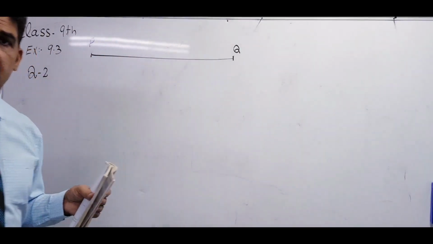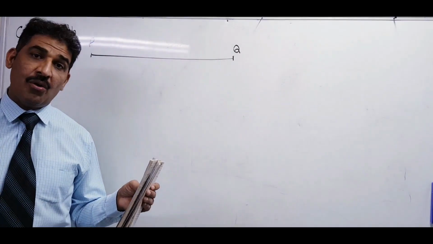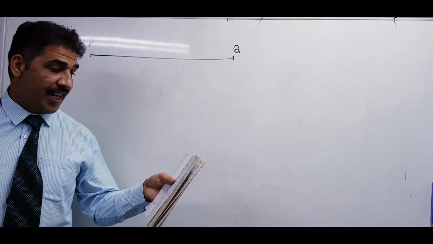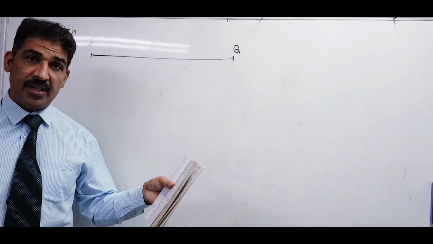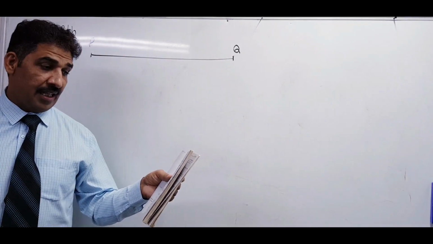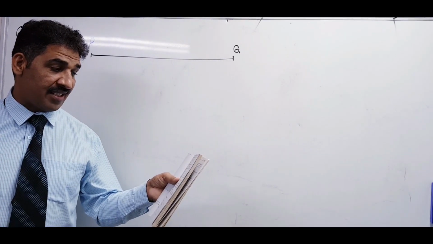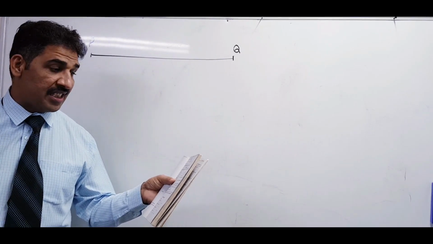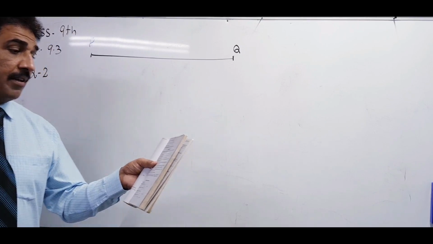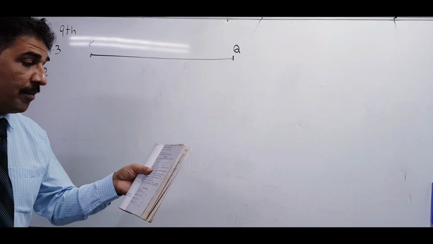Q. How to read the statement, how to understand the statement? The end point P of a line segment PQ is minus 3 comma 6. First he said P, so this is the first point, that is minus 3 comma 6.